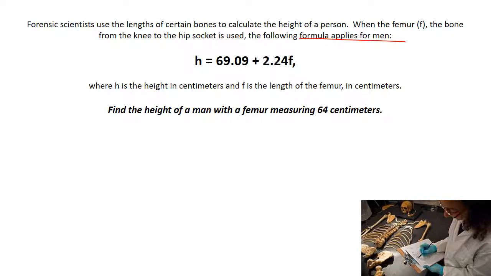This particular formula would be applied if a person found a human femur bone that they identified as male. And so we want to find the height of that person. Well, if we take, and the centimeters would be the femur bone length, so I plug in the 64 for the F, which represents the femur.